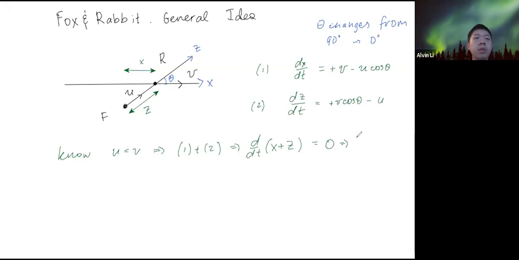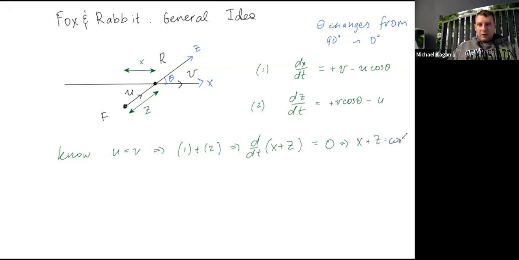It means x plus z stays the same. Yeah, so this is a very tricky, are you familiar with the term integral of motion? If not, we'll just call it constant of motion. That means this is a tricky combo that's not very intuitive to consider in the first place, but it turns out that this is actually constant.